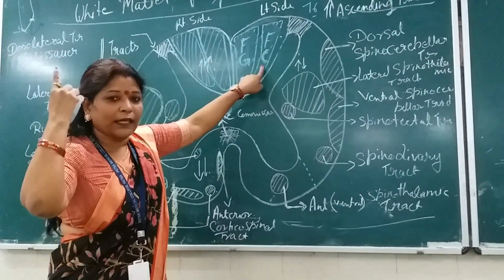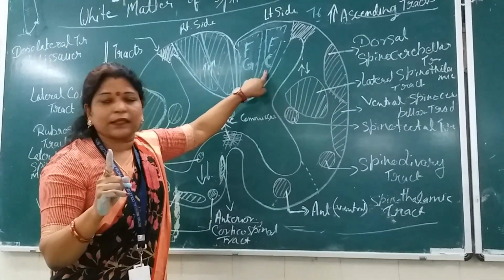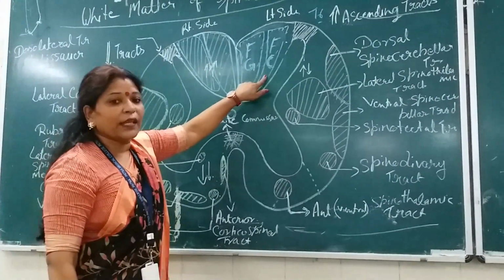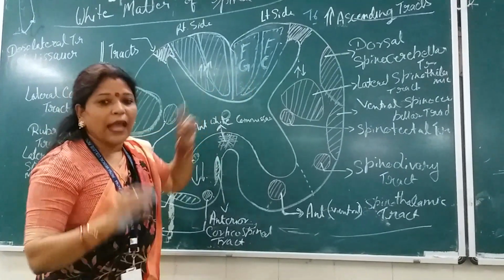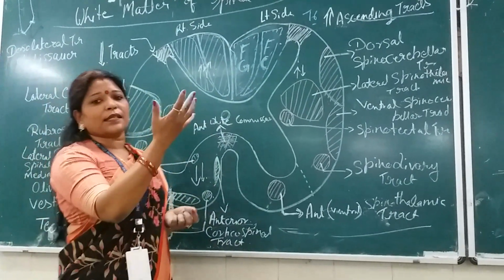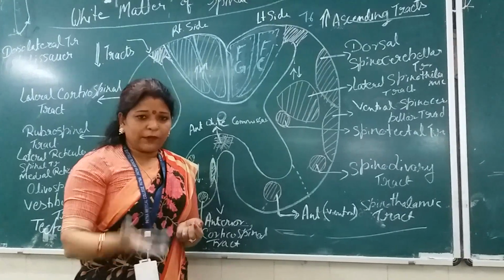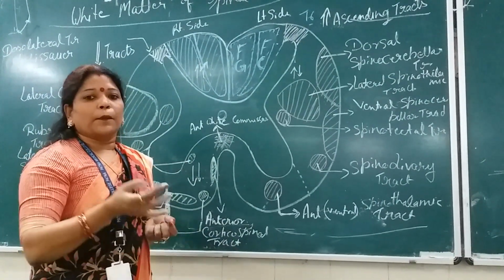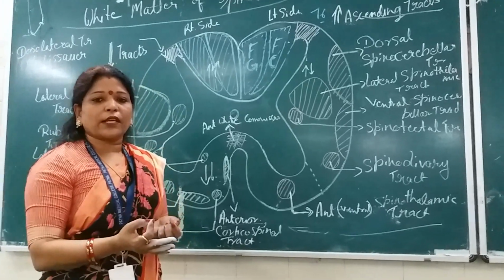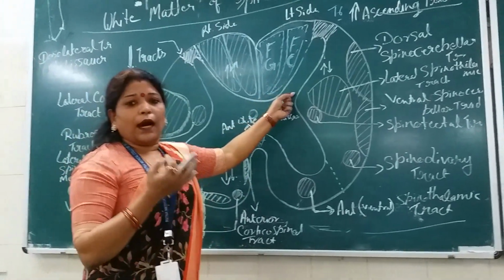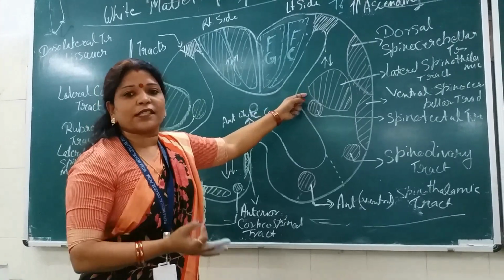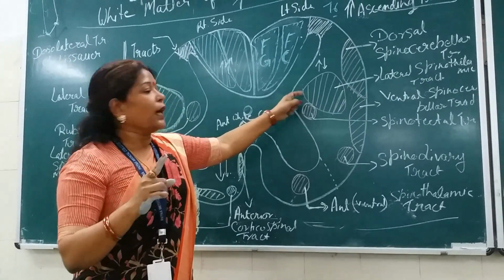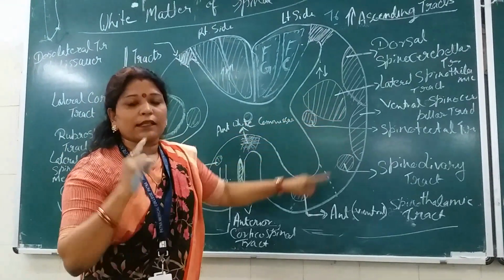C for cervical, C for cuneatus. You will remember that. Okay. So fasciculus gracilis and fasciculus cuneatus both are the tracts which carry the sensations we have enumerated right now: fine touch, pressure, tactile localization, and the conscious proprioceptive impulses.